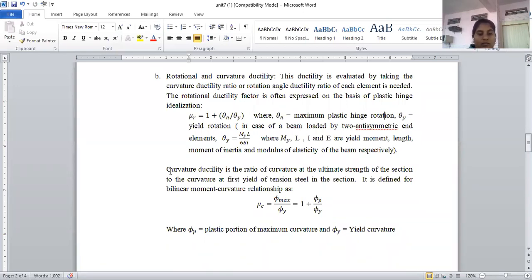Curvature ductility is the ratio of the curvature at the ultimate strength of the section to the curvature at first yield of tension steel in the section.